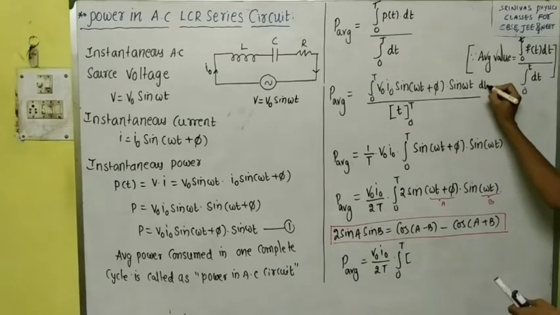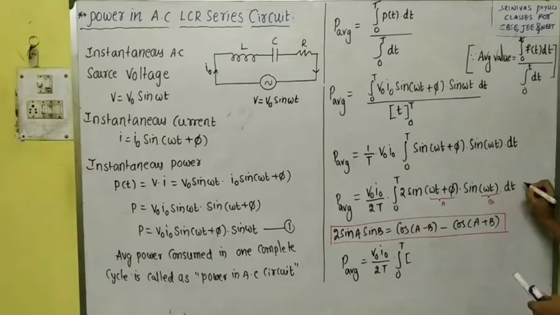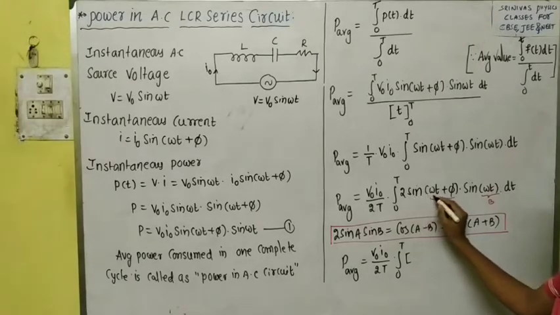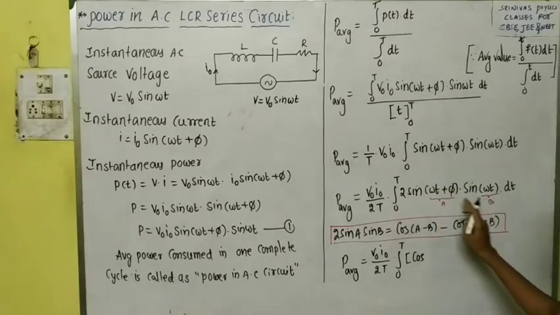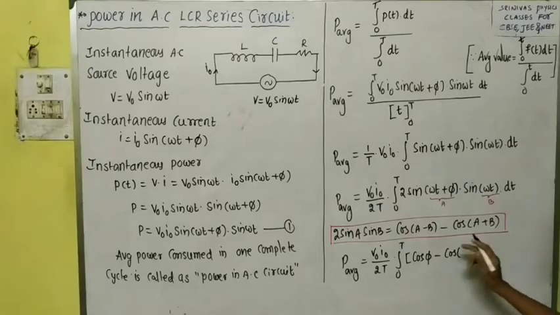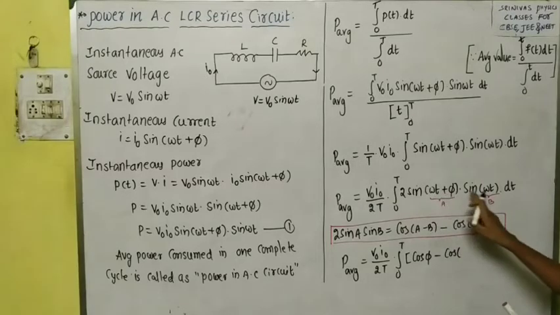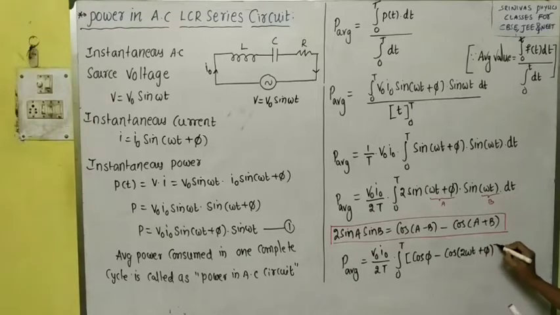Into dt was missing. Let us write here 2 sine A sine B is cos of A minus B. A minus B you can do omega t plus phi minus omega t. We will get omega t cancel, then we will get cos phi, minus cos of A plus B. You have to add these two, omega t plus phi plus omega t. Then we will get 2 omega t plus phi, into dt, right?